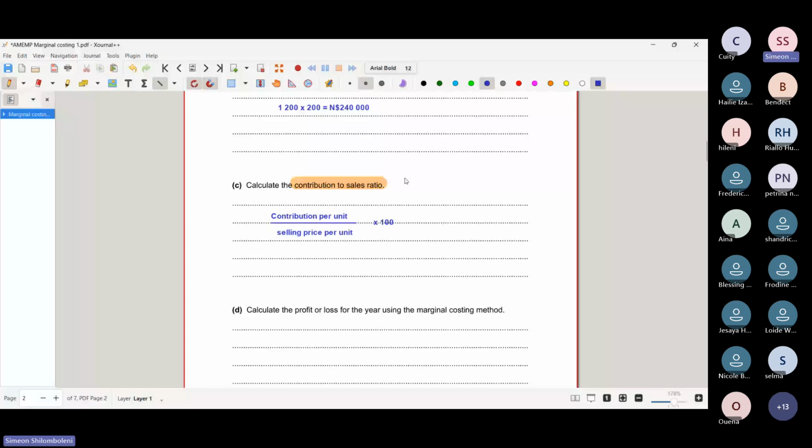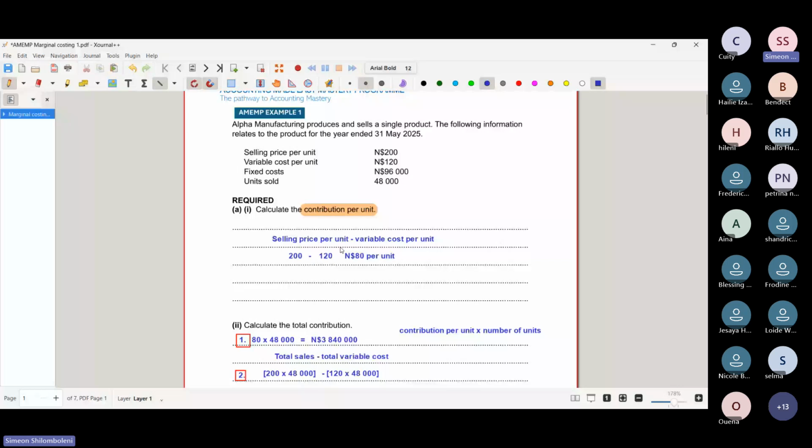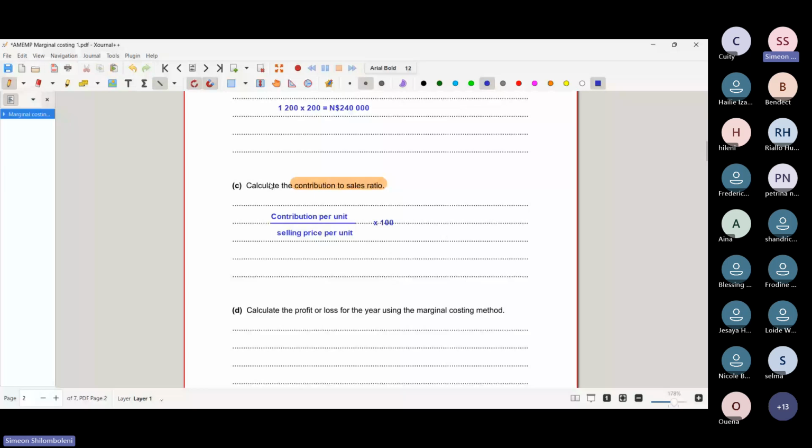Now, if contribution is not given, you must already know how to get contribution from this first question. Now, if the information that you have is not per unit, you can still just say contribution, which is total contribution divided by total sales, and then you multiply with 100.